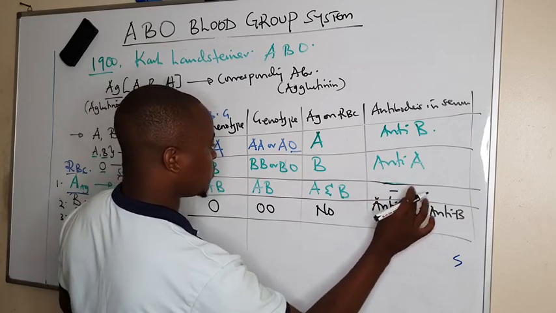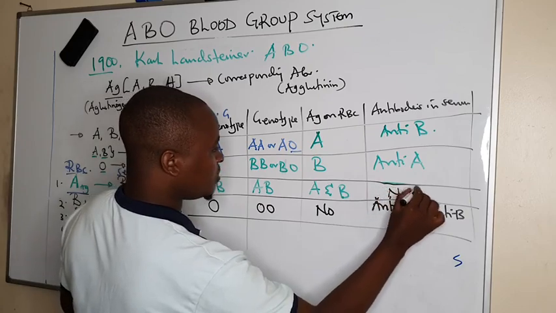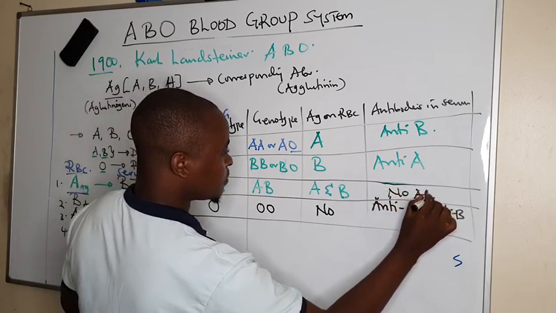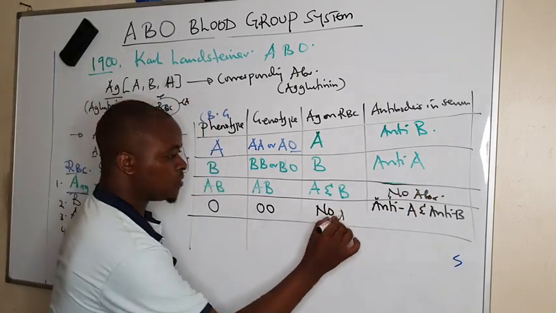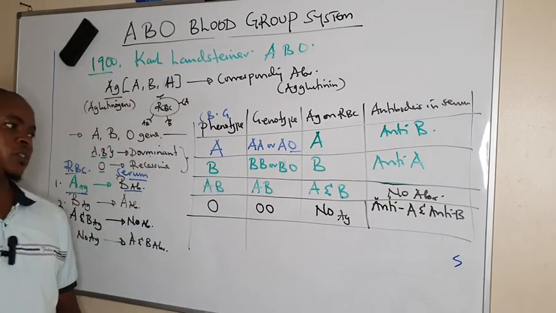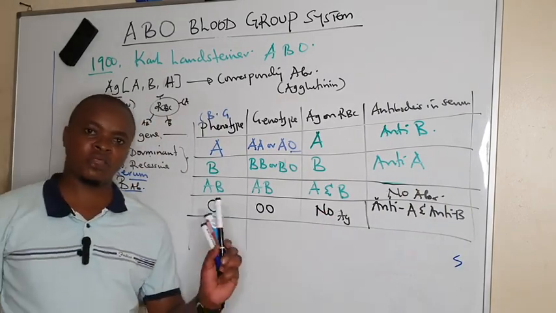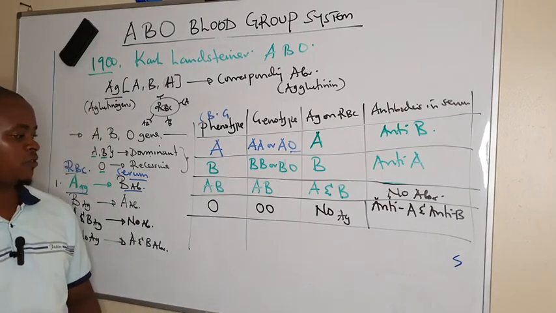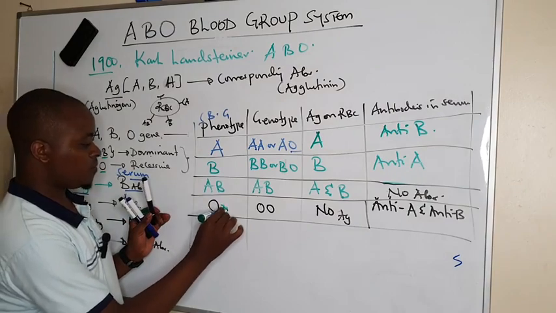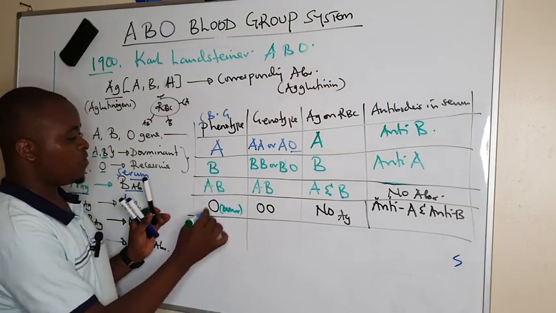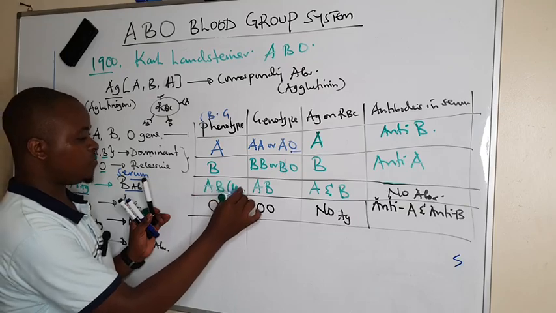So we saw that AB has no antibodies in the serum. Then O has no antigen on red cells. And that's why we normally say that an individual with the blood group O is a universal donor. Then AB becomes a universal recipient.